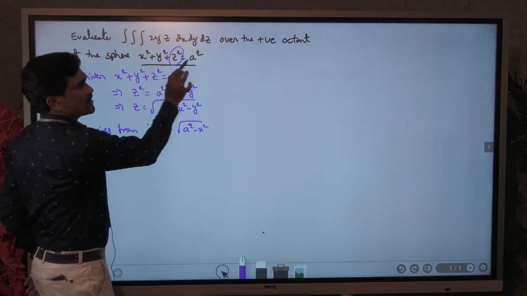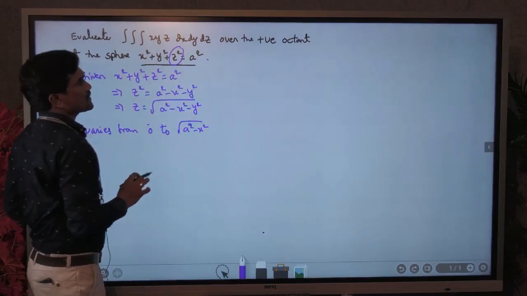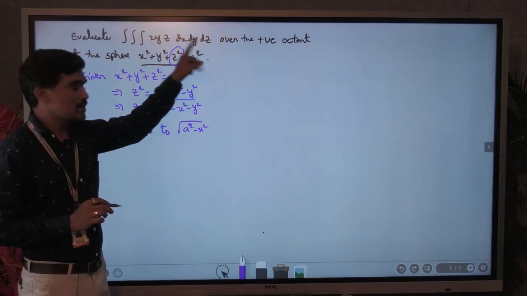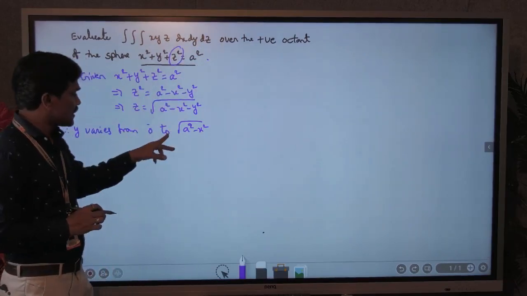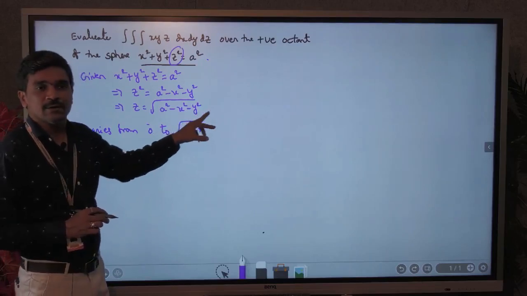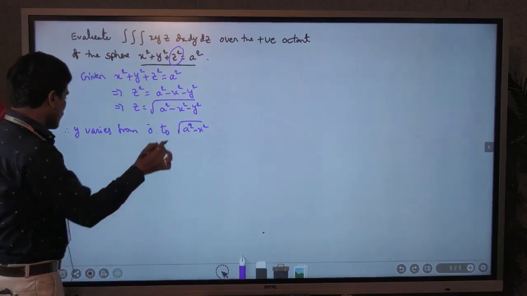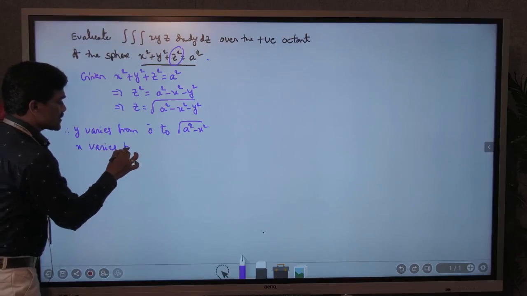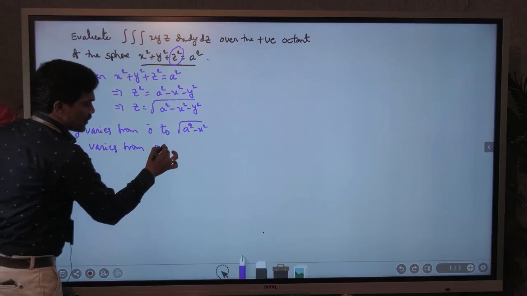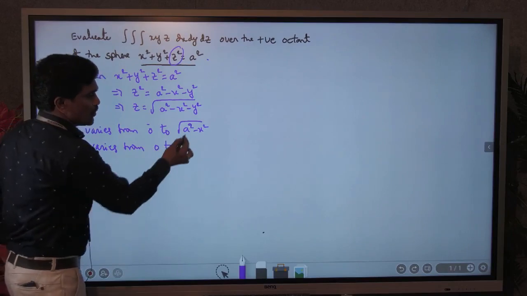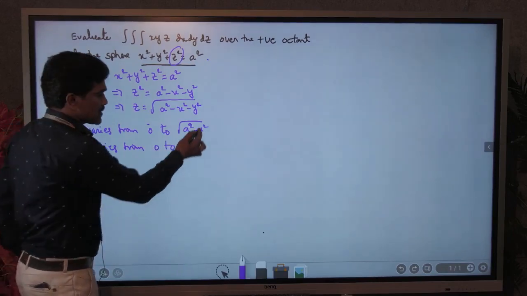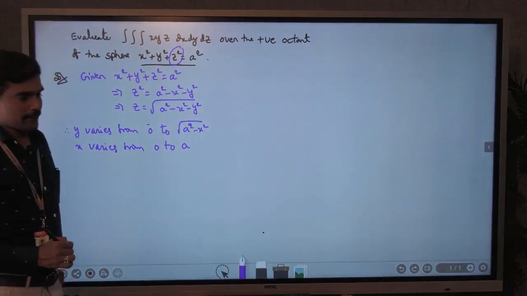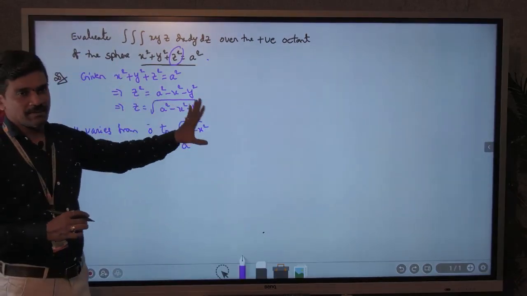From this, y square is equal to a square minus x square, so y is equal to plus or minus square root of a square minus x square. Since it is in the first octant, we take y from 0 to square root of a square minus x square. Then x is from 0 to a. So these are the limits.